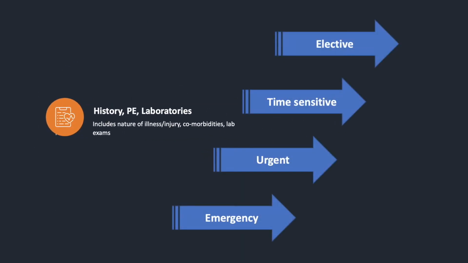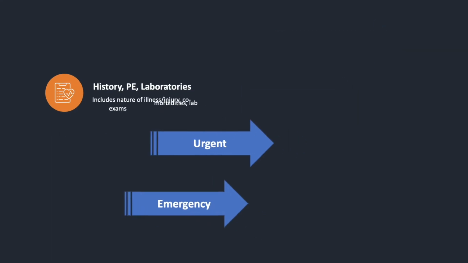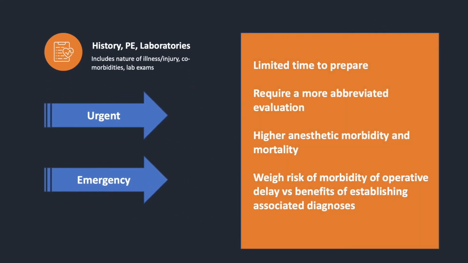So we've done the surgical patient, and now we'll go through the history and physical examination. So again, we'll run through the urgency or the different types of surgery. For a history, for urgent and emergency cases, like I said, you're pressed for time with these patients, so you have limited time to prepare.